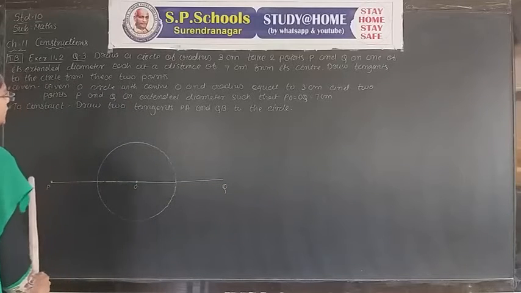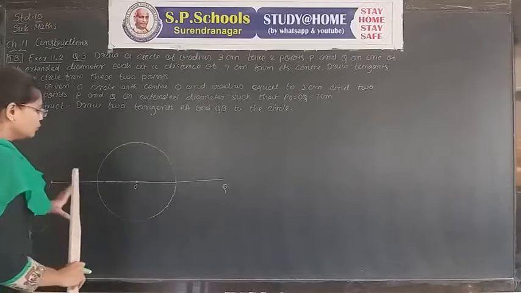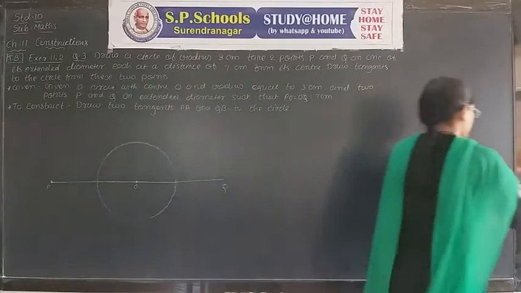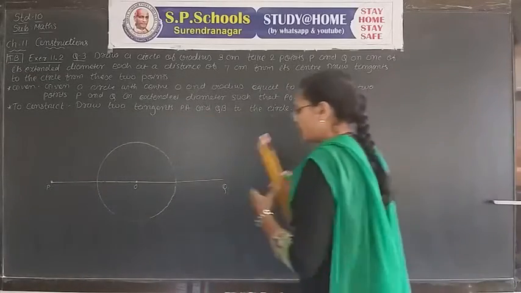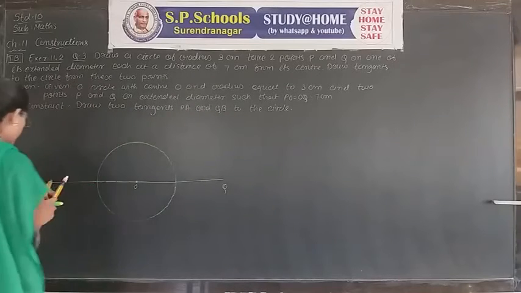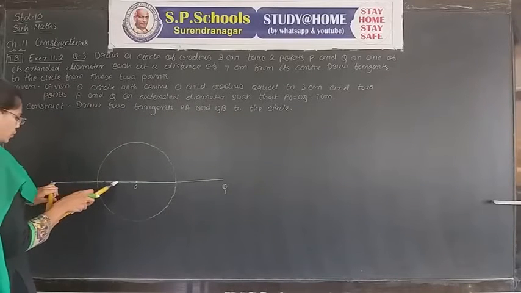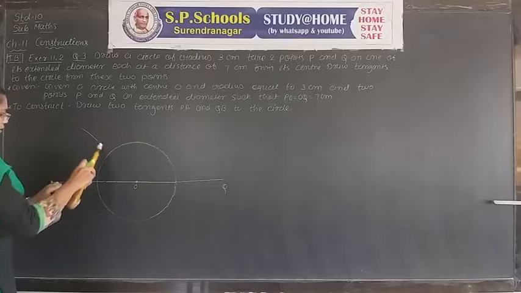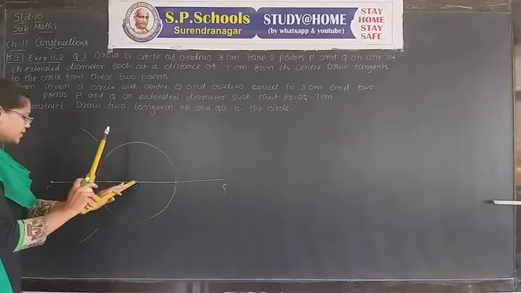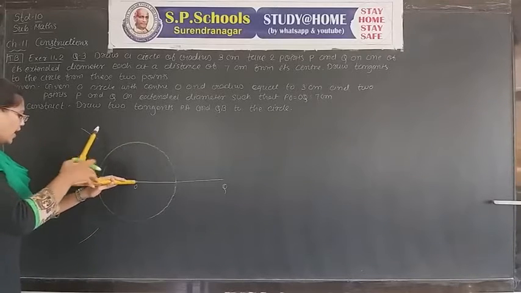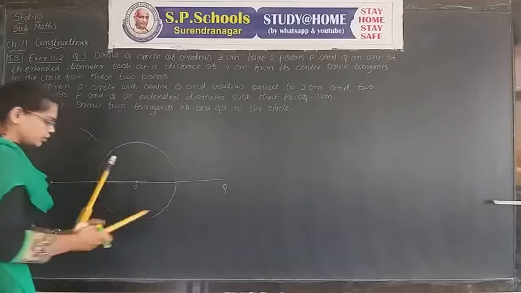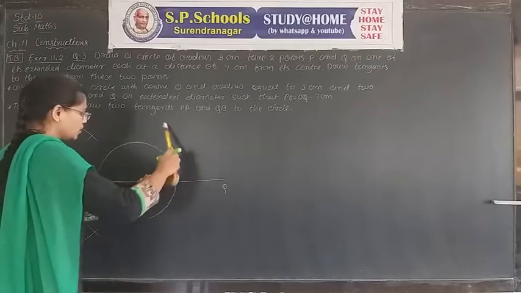Now it is completed. Now we draw the perpendicular bisector of OP as well as OQ. Both line segments OP and OQ are equal.